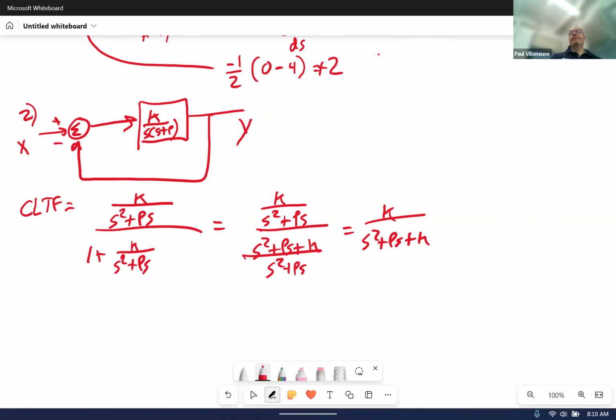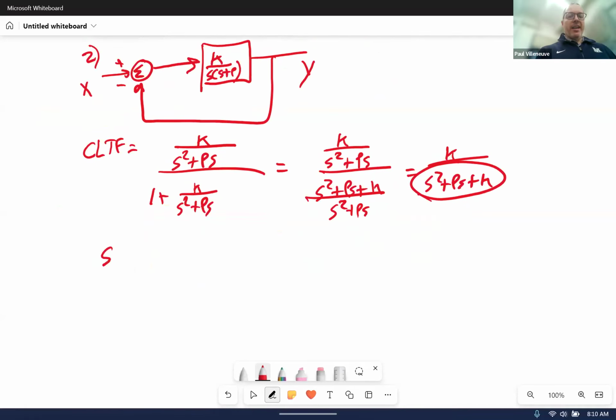If you remember with second order systems, I'm really focused on the characteristic equation of my system. So all I'm really focused in on is that equation. I know that S squared plus PS plus K has to equal S squared plus 2 zeta omega sub n S plus omega sub n squared.